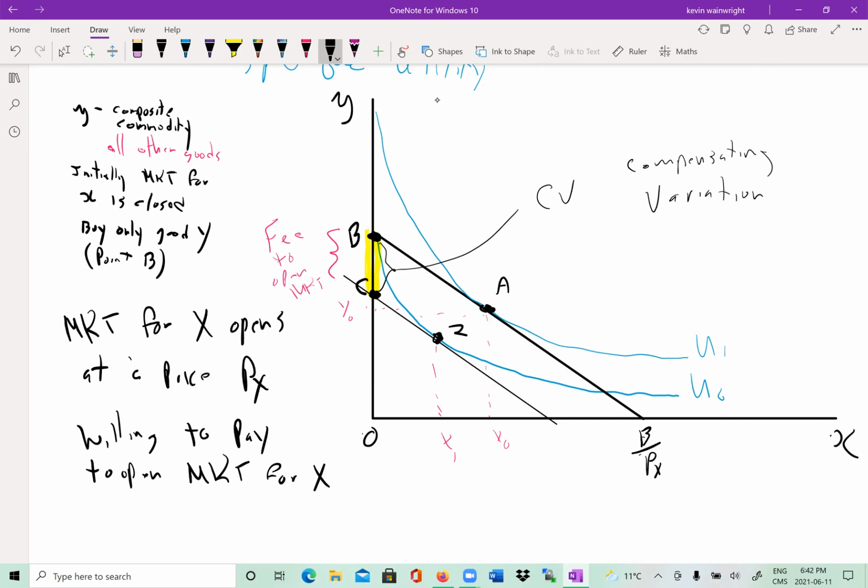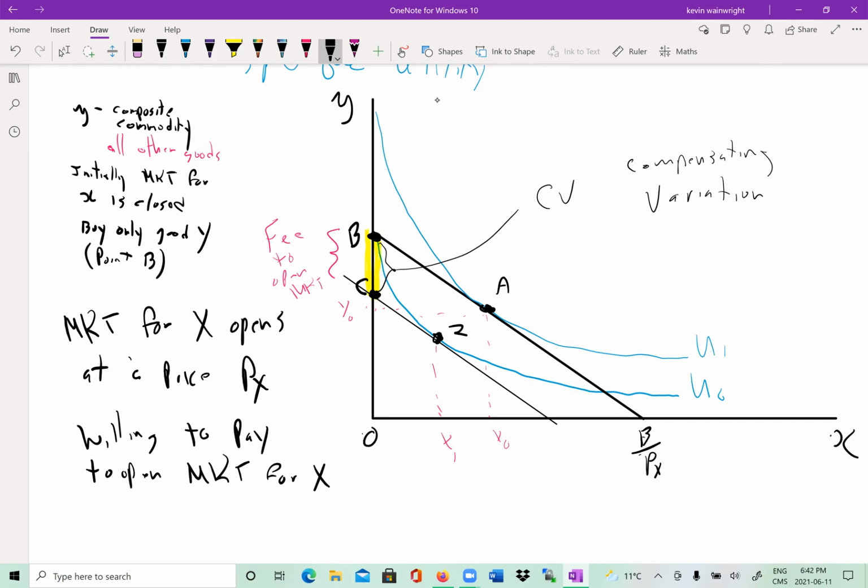So it is my willingness to pay for an economic change. I want to pay B to C, and I'll be indifferent between a market for X that's open and a market for X that's closed.